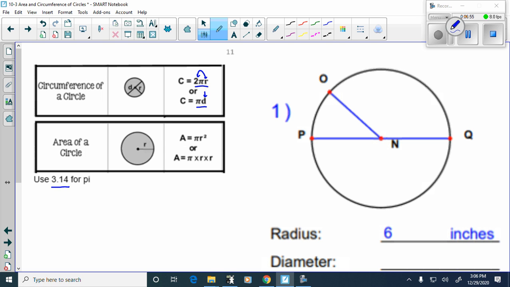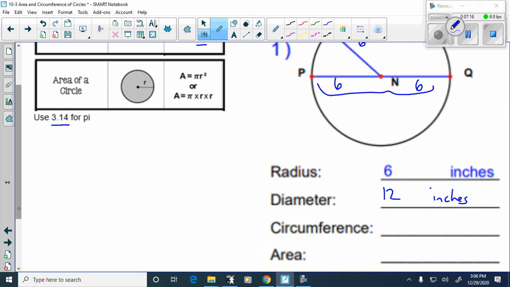So let's look at example 1 here. We've got a radius of 6, so this distance here is 6, and this distance is 6. Those are all 6 because they're all radiuses or radii. This long distance is the diameter. That's going to be 12 inches.